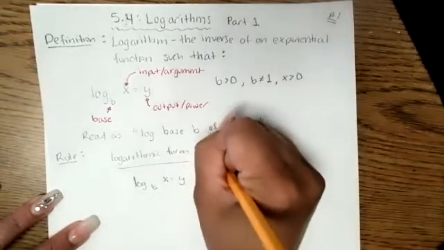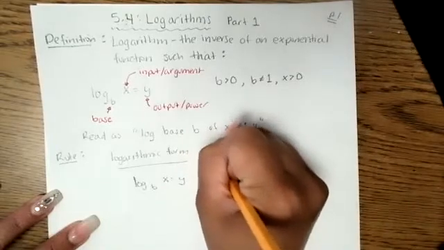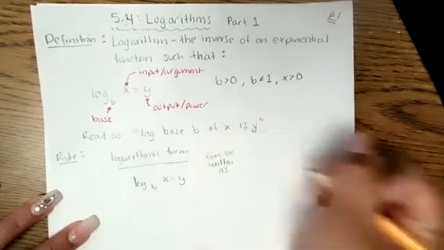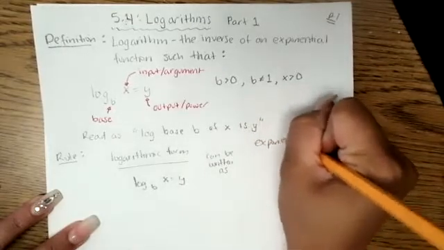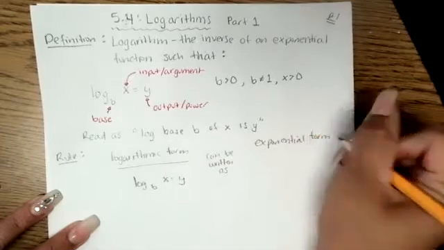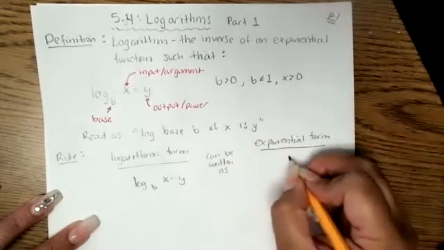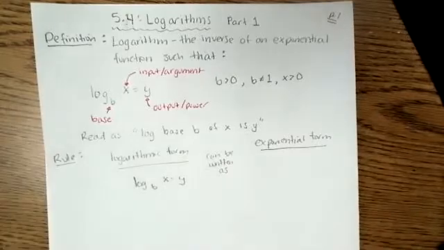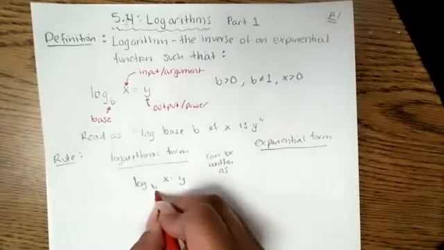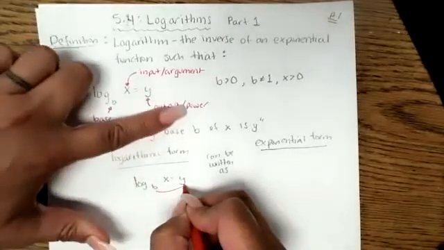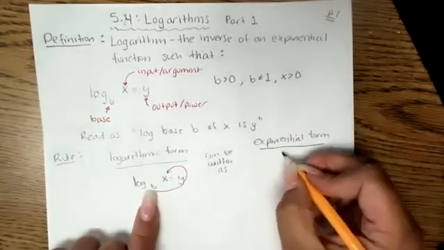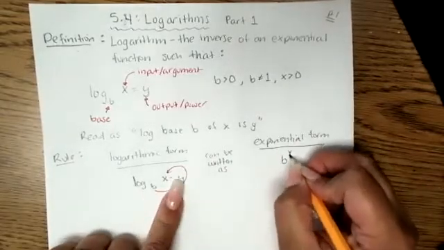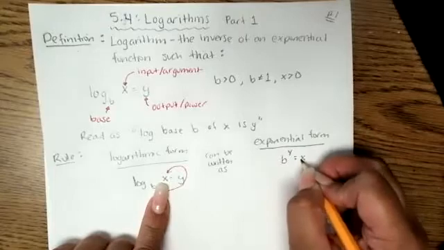And this can be written as exponential form. Since this is your base, that's going to continue to be your base. Your base is going to be b. You're going to raise it to the y power, and it's going to equal what the input is. So it's going to be b raised to the y power equals x.